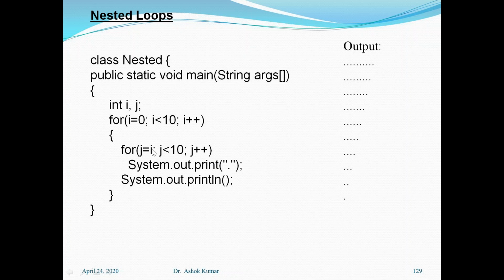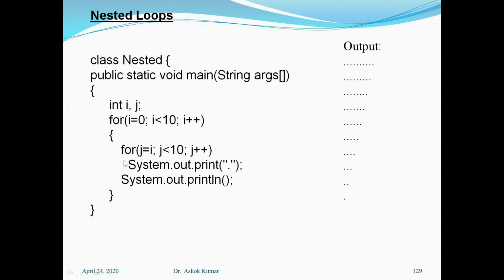When i is equal to 1, this dot will be printed 9 times, because in that case 9 minus 1 plus 1 is 9. So you will get 9 dots. This inner for loop is being repeated by the outer for loop 10 times. First the value of i will be 0, and this entire body of the outer for loop will be repeated.